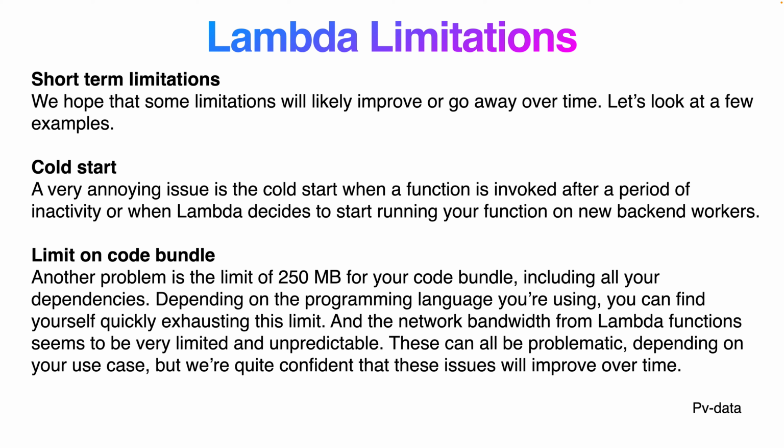Limit on code bundle: another problem is the 250 MB limit for your code bundle, including all your dependencies, like JAR file dependencies in a language such as Java. You can find yourself quickly exhausting this limit. Network bandwidth from a Lambda function also seems to be very limited and unpredictable. This can be problematic depending on the use case, but we are quite confident that this issue will improve over time.